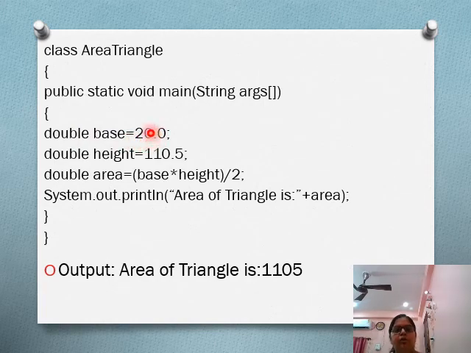As I have told you, this is a fractional number. Now double height is 110.5. We are finding the area of a triangle: base into height divided by 2, and this is how you will get the area of a triangle.